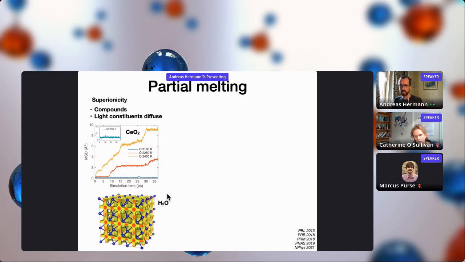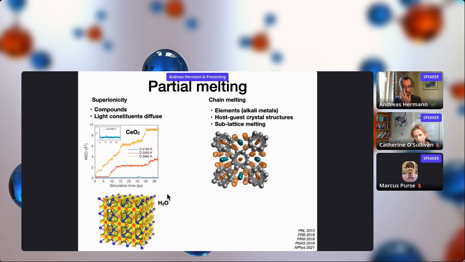So these are compounds, but you also get some exotic partially molten states in pure elements. Some elements, particularly all alkali metals, but also some others, form host-guest crystal structures under pressure. These are structures that are made of a single element, but they arrange themselves in two interpenetrating lattices. Here's a picture of potassium in this case, but it's the same for all alkalis.